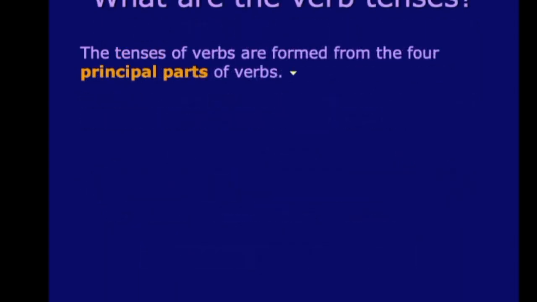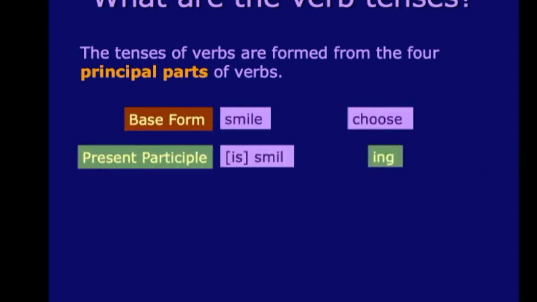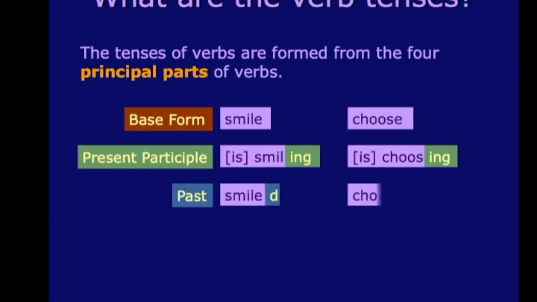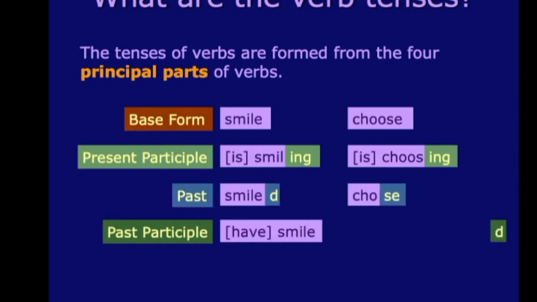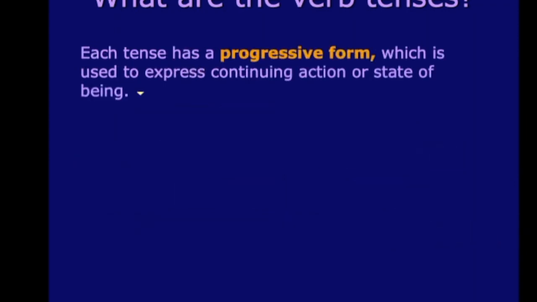The tenses of verbs are formed from the 4 principal parts of verbs. We have the base form, present participle. We have the past participle. Each tense has a progressive form, which is used to express continuing action or state of being.